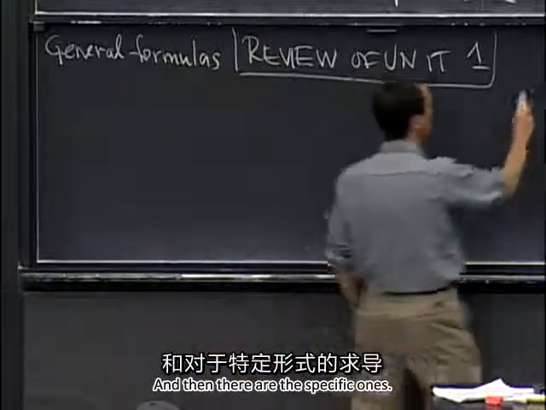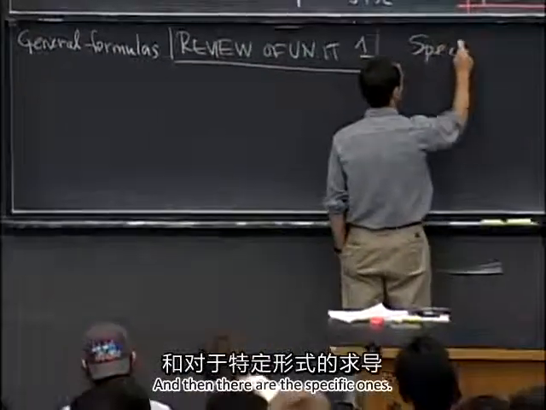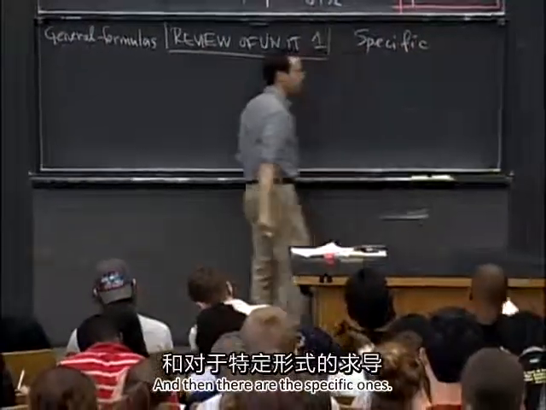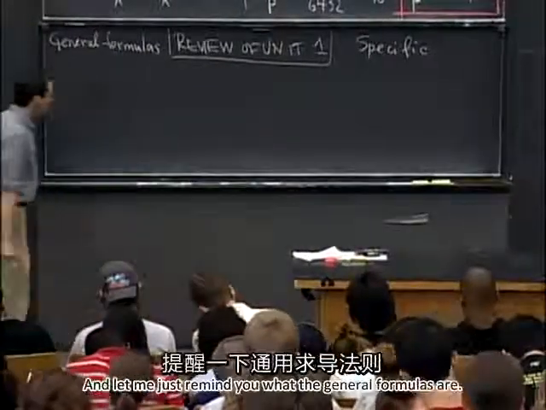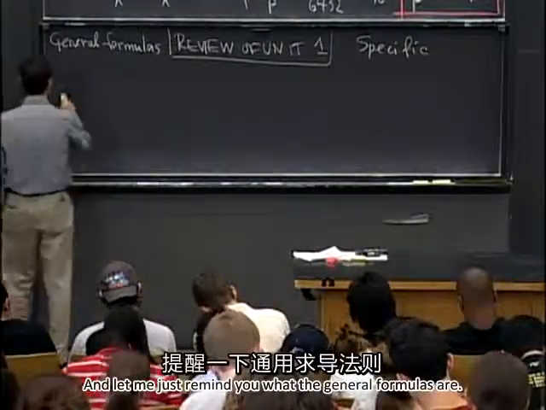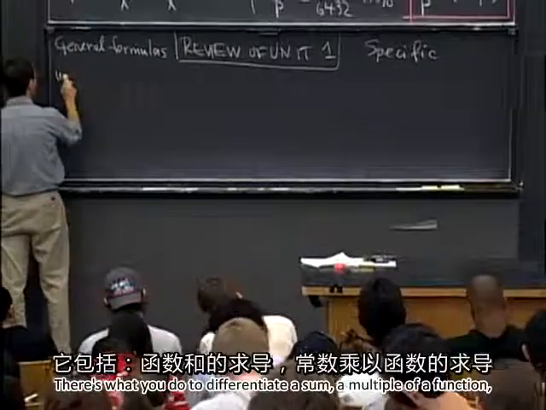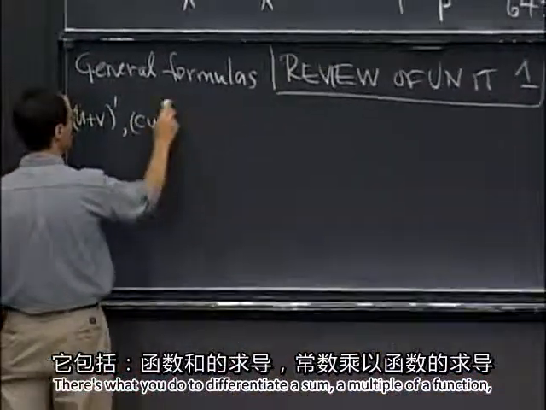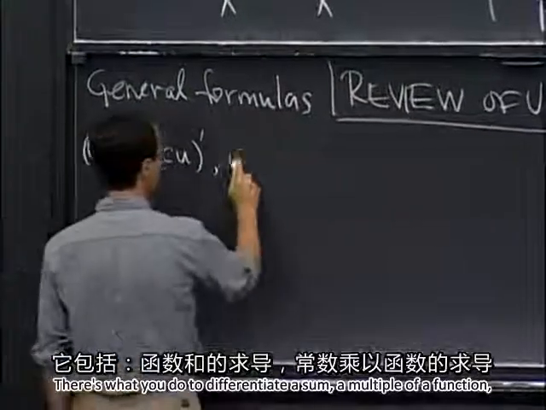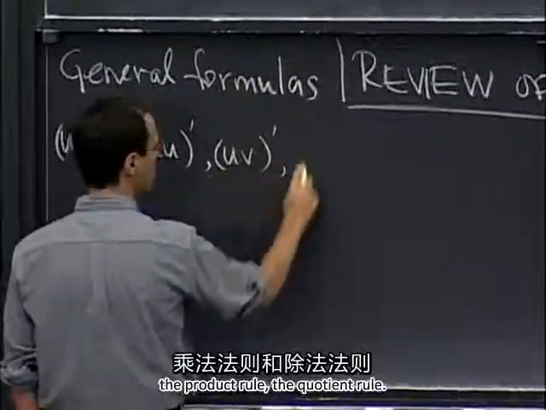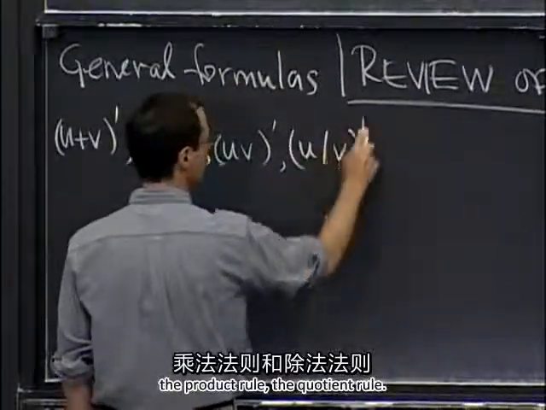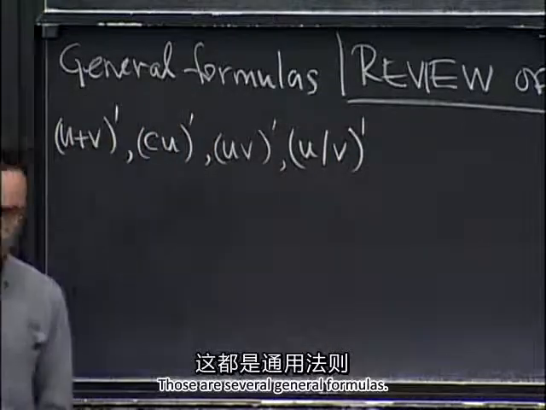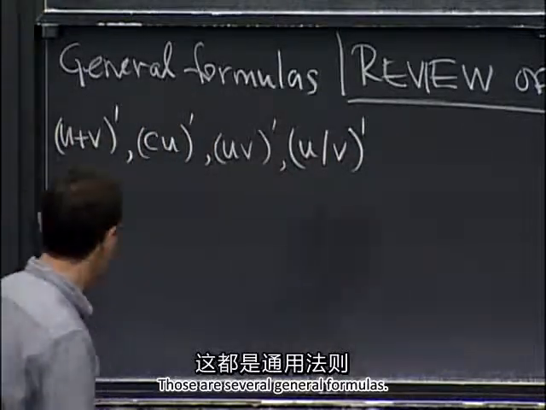And then there are the specific ones. And let me just remind you what the general formulas are. There's what you do to differentiate a sum, a multiple of a function, the product rule, the quotient rule. All right, those are several general formulas.